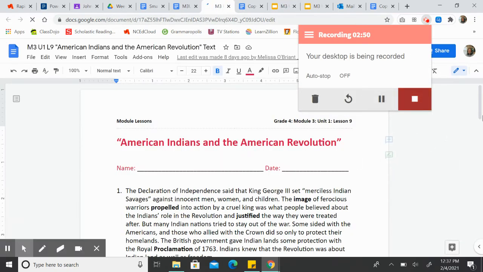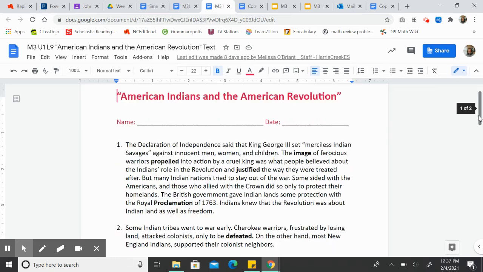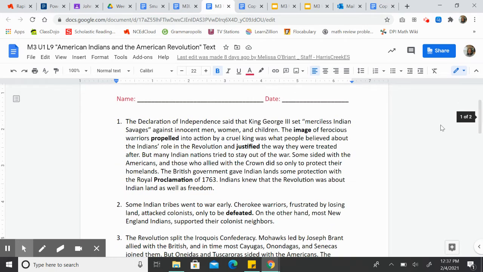Okay, so as a reminder, we read this yesterday. This is page 39 of your module workbook, American Indians and the American Revolution. Number 1, the Declaration of Independence said that King George III set, quote, merciless Indian savages, end quote, against innocent men, women, and children. The image of ferocious warriors propelled into action by a cruel king was what people believed about the Indians' role in the Revolution and justified the way they were treated after.